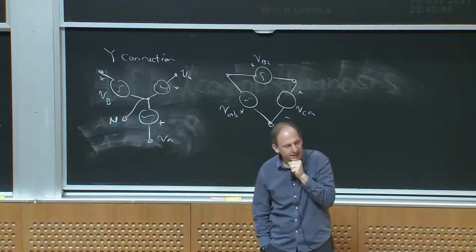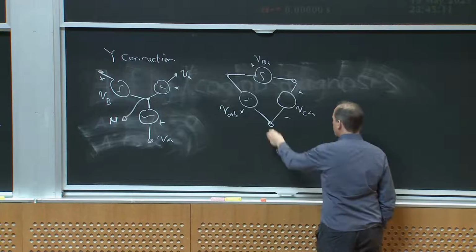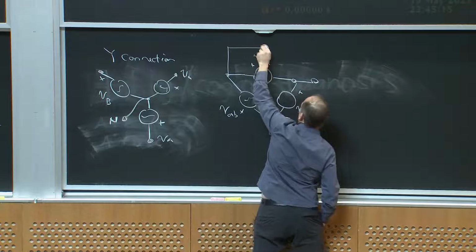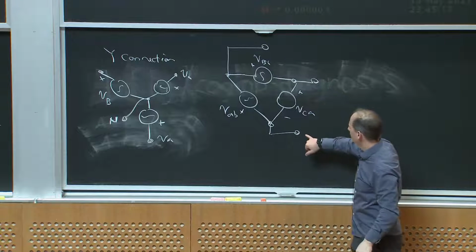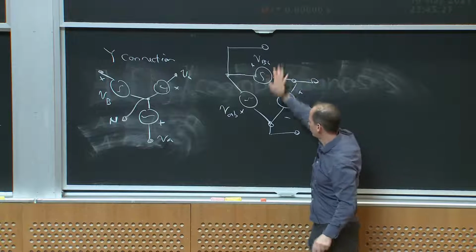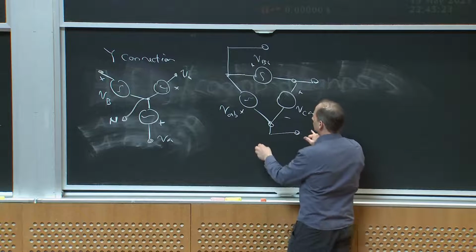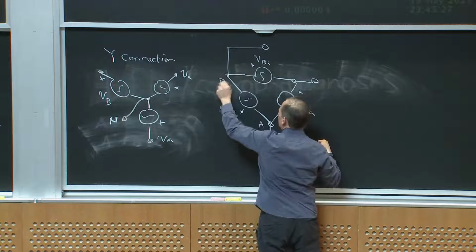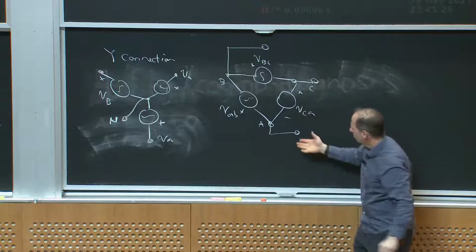And if I did that, then I could bring out these 3 leads. Now I have no neutral, okay? But I still have A, B, and C, and I can just do the differential connections, right? So this is node A, this is still node B, and this is still node C.